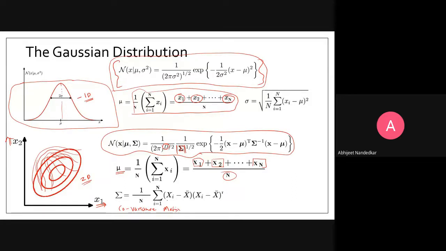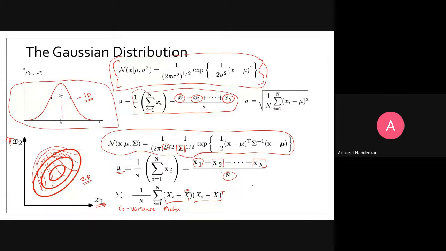And this is computed like this: xi minus the mean vector, into xi minus the mean vector, and these two things are vectors and one is transposed here.